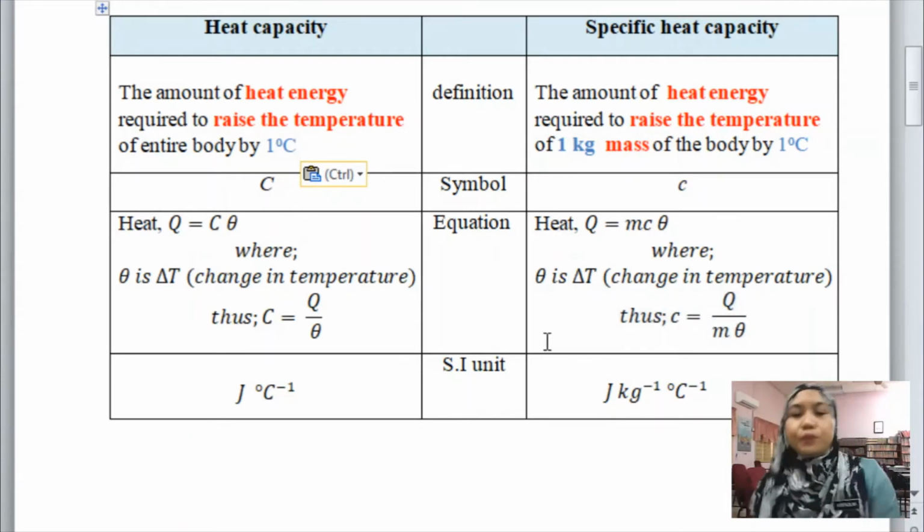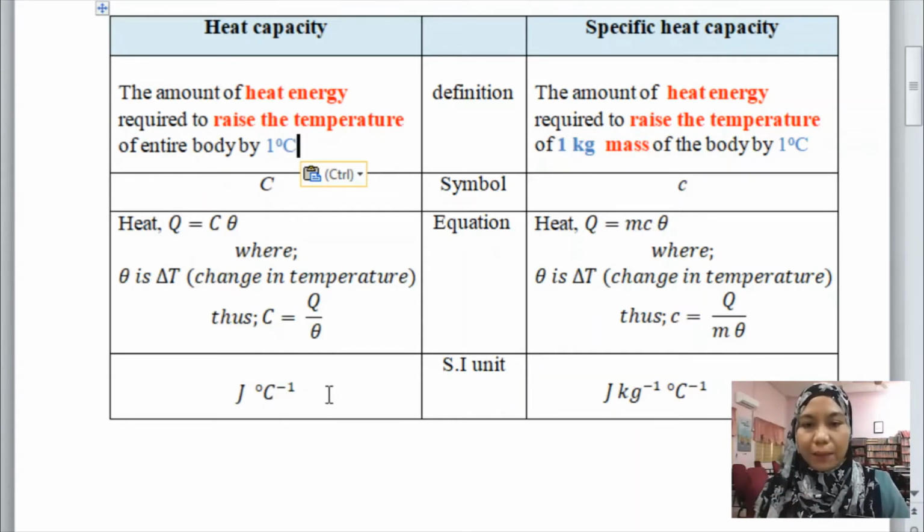Now, how do we determine the SI unit for heat capacity and specific heat capacity? Just as when defining them, we refer to the equation.